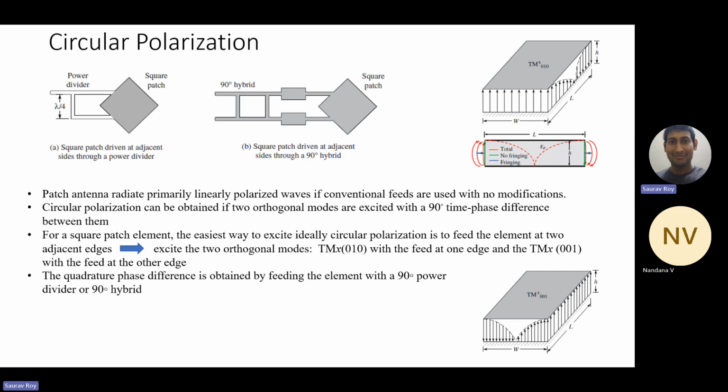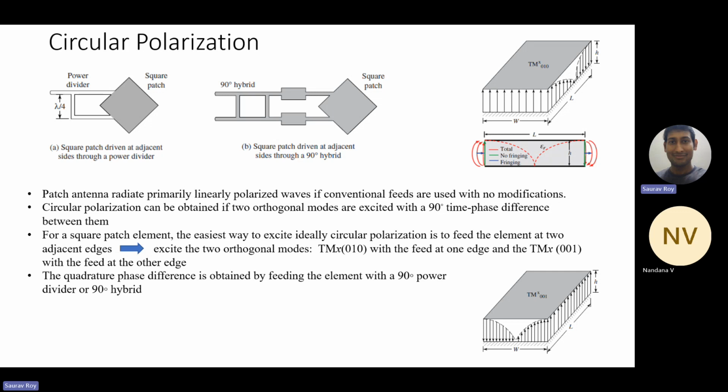So if that is the condition, the dominant electric field will be in the E plane, which has the direction of these arrows as well as the direction perpendicular to the plane of the patch antenna, right? That is the E plane. Now what happens in this situation?